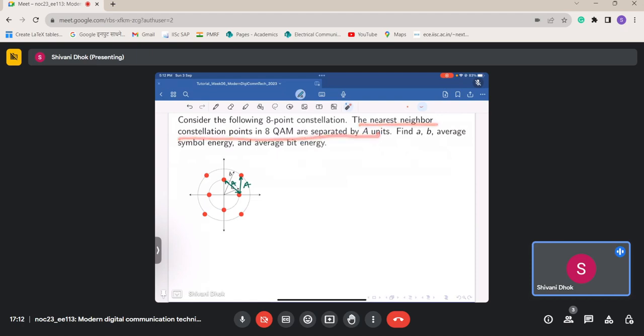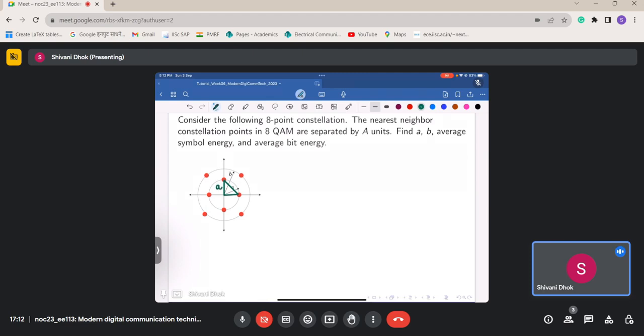And what do we need to find? We need to find the value of a, b, and average symbol energy and average bit energy. Yeah. So let us first try to find a. And for that, let us consider this triangle here, this triangle which I have highlighted.